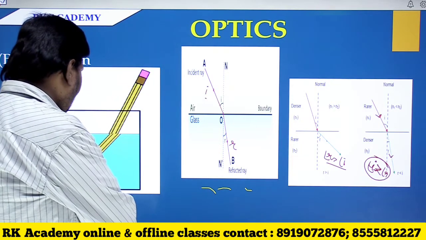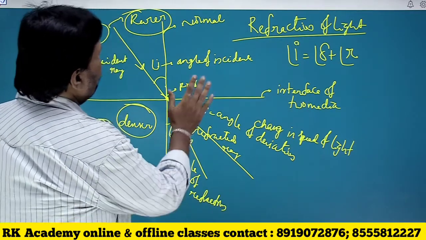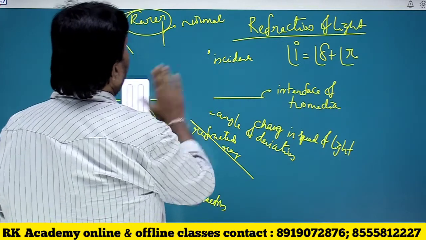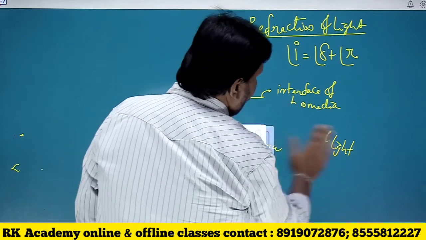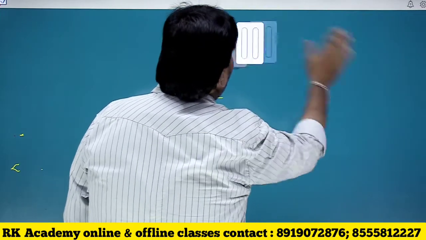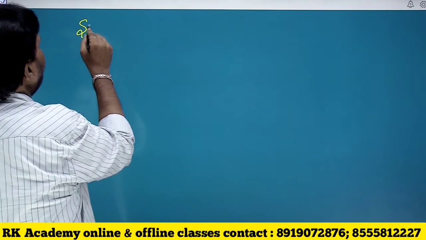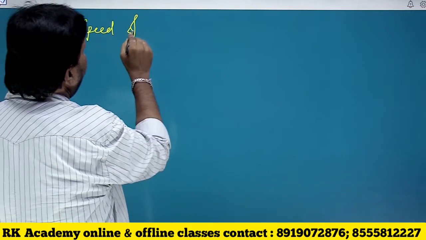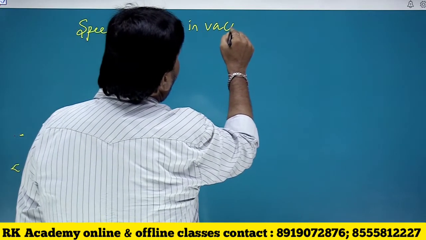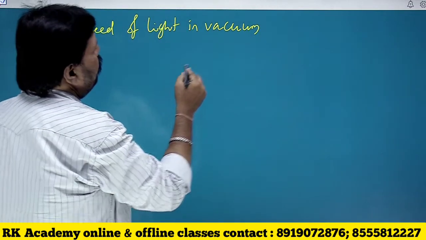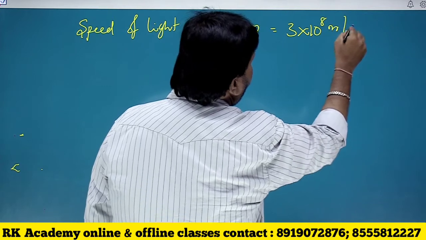And this rarer and denser, you can understand by the speed of light in the medium. Okay. Now the speed of light in vacuum, that is 3 into 10 to the power of 8 meters per second.